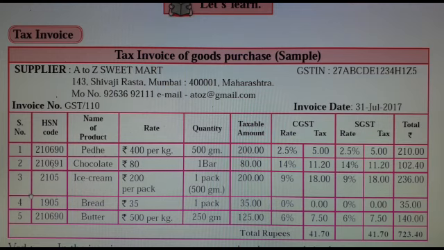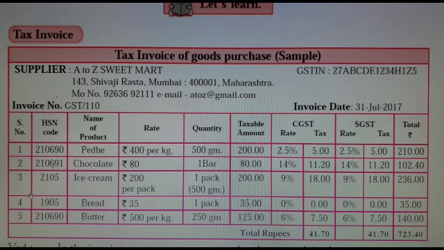And by 6% of 125, that means 7 rupees 50 paise to the state government and 7 rupees 50 paise to the central government. The price of article is 125, but tax we have to pay totally 15 rupees to the government. That means total amount of that article with tax is 140.